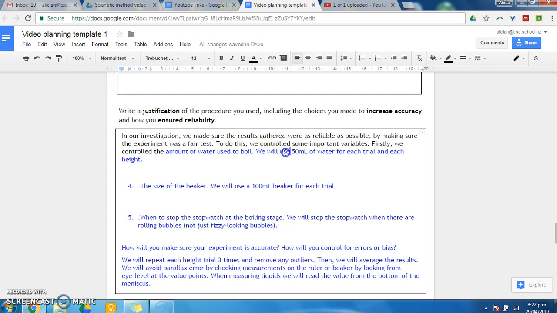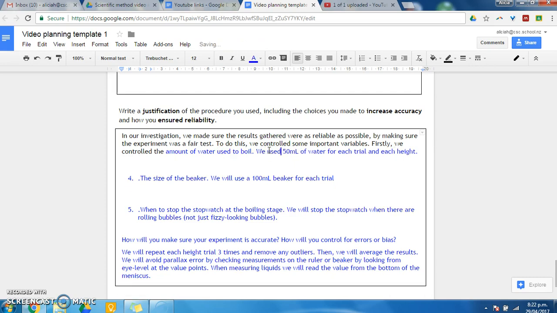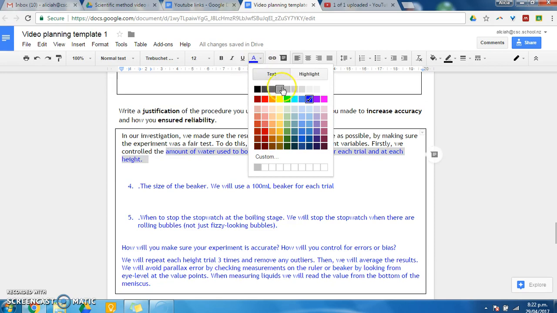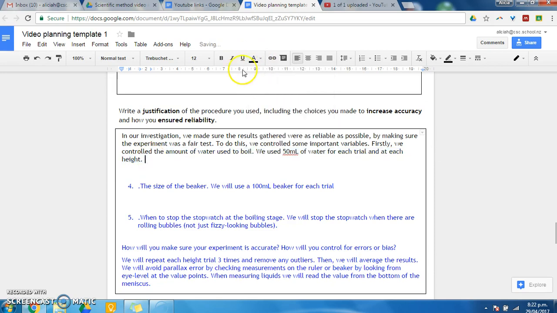We used, because it was in the past now, we used 50 ml of water for each trial and at each height. Now, something that you have to do when you're justifying is explain what you did, but also why you did it. So the why you did it is really important. So we can get rid of that now because we've said how we did it, and we'll put in why we did it in red.